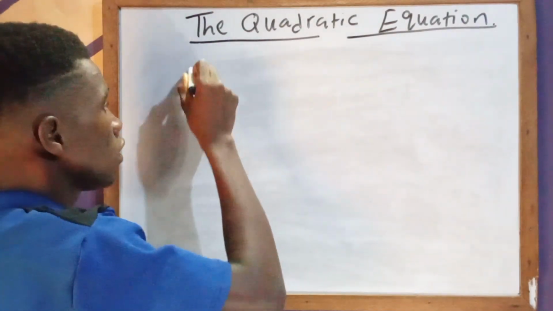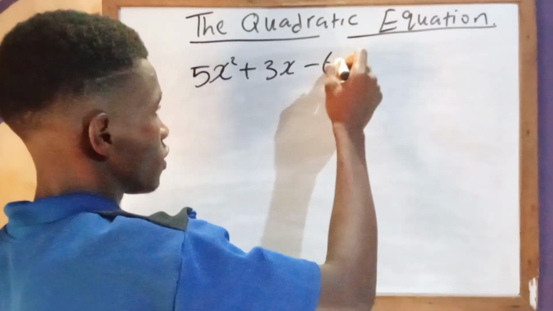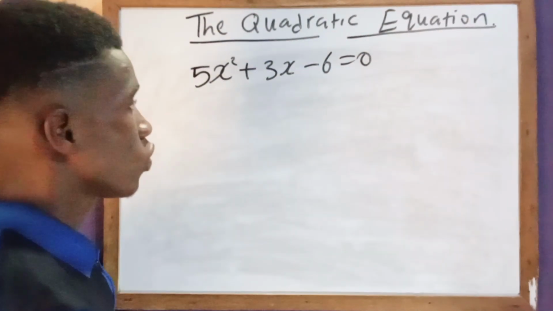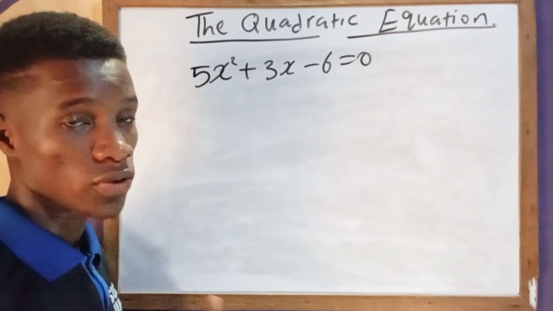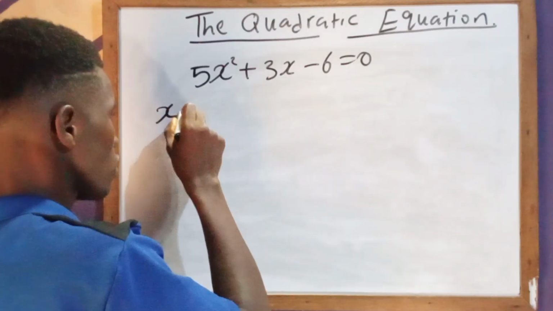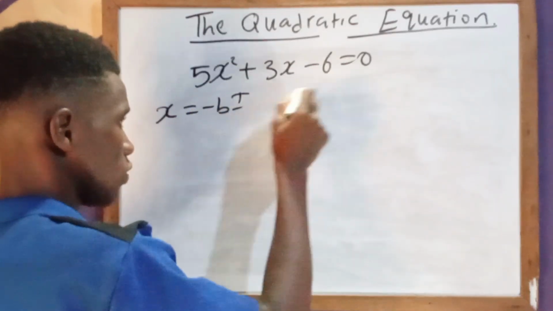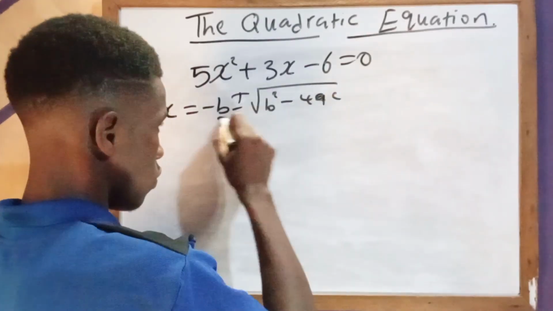So if you have 5x squared plus 3x minus 6 equal to 0. This particular expression can be solved using the quadratic formula by substitution. The formula for quadratic, you know, is x equal to minus b plus or minus square root of b squared minus 4ac over 2a.